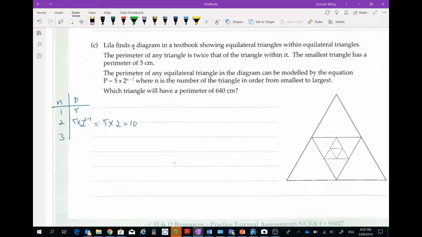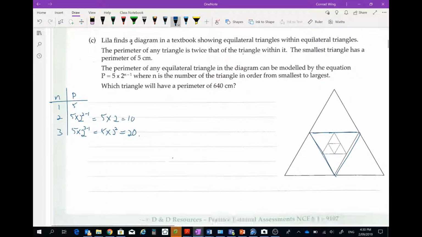Then when the base is 3 of these triangles, we've gone up another notch, this is the next size, then the perimeter is going to be equal to 5 times 2 to the power of n minus 1, where n is 3 now. 5 times 2 squared is 4, which is 20 centimeters.